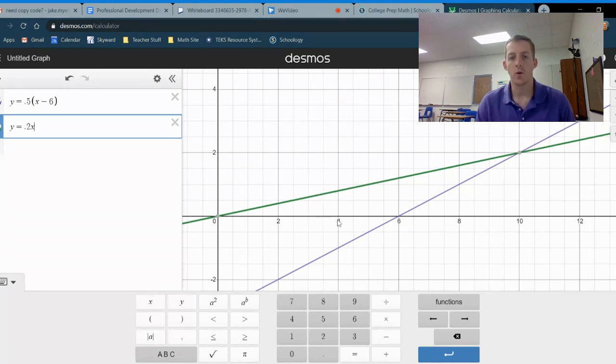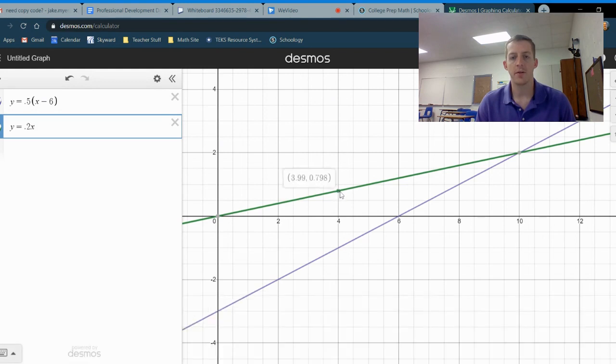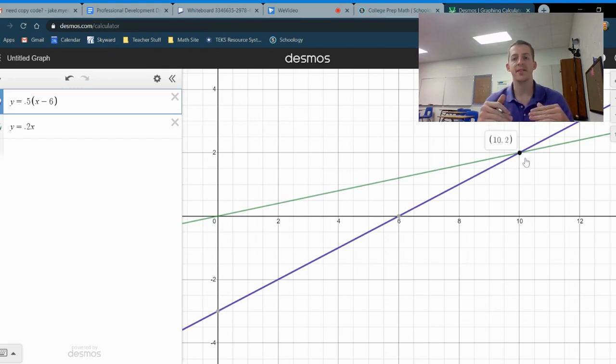And as you can see, 4 minutes have passed, and I've run, how much? 0.8 kilometers. At 10 minutes, where the two lines meet, both of these have the same point. That means at this point, this is where the equations together are true, which means at 10 minutes, we would have run 2 kilometers to meet each other before the horse starts winning this race.